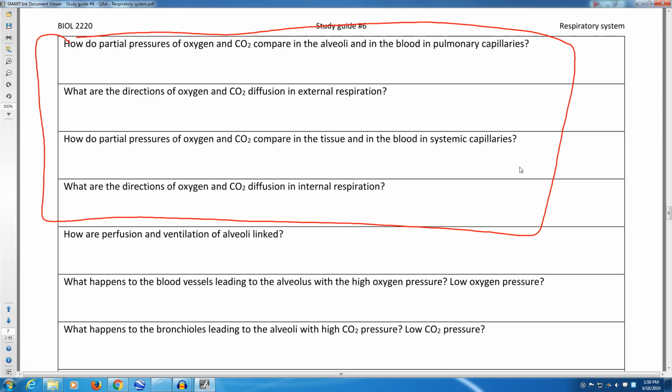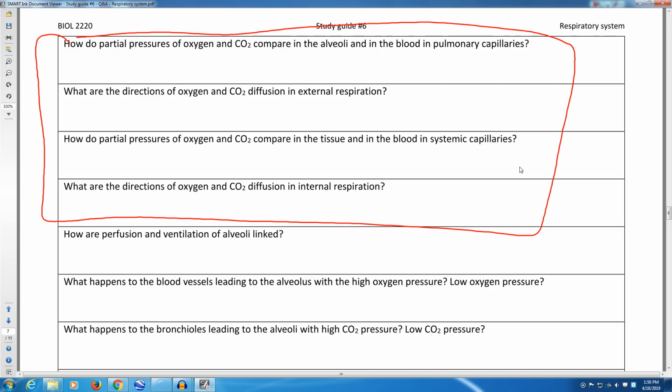So if I ask you, what is the pressure relationship for oxygen in the internal respiration, what do you say? Internal respiration, oxygen. Give me pressures. We have 2 pressures in the internal. Where? Blood and the tissues.